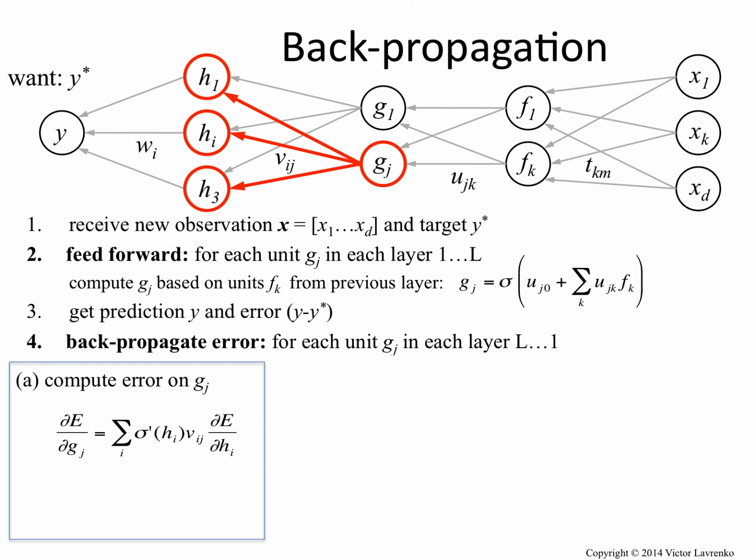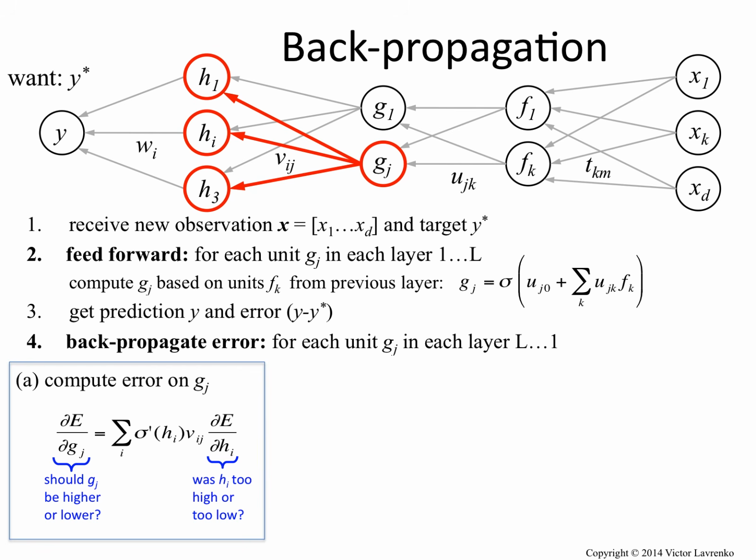Now, this unit Gj affects all the H units. Right? So when we change Gj, it's going to change all of their values. So we want to know, should Gj be higher or lower? So what we do is we look at, did we want each of the H units to be higher or lower?